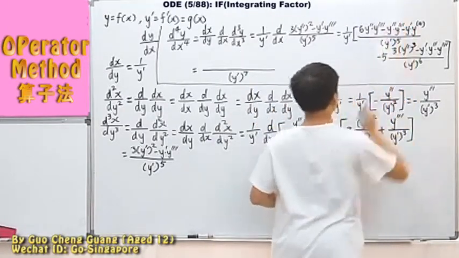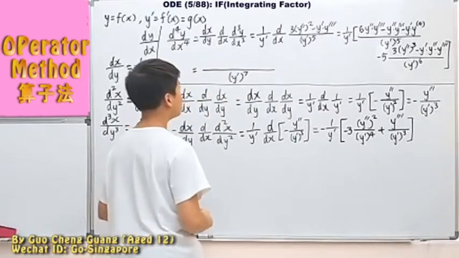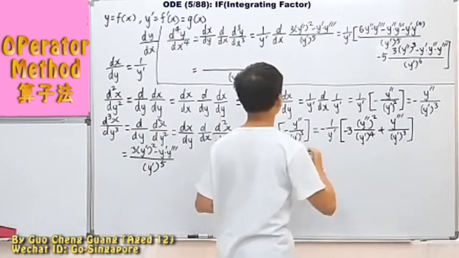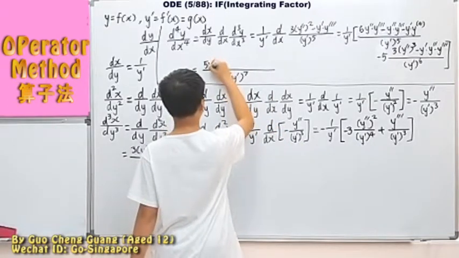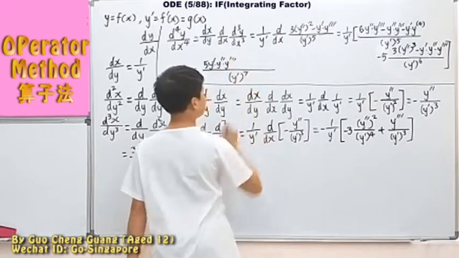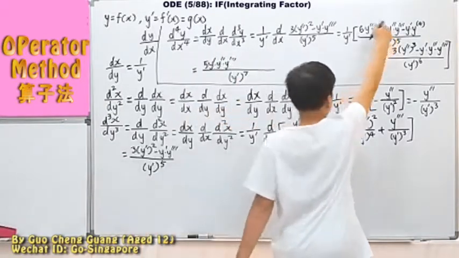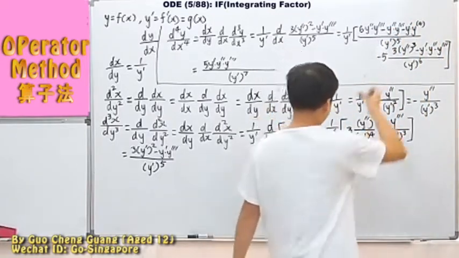Here you have 5, then second derivative, then third derivative. So then it's times the extra first derivative. 5, 1, 2, 3. That's what we have for the first part over here. Then for the second part there, it is this part square.